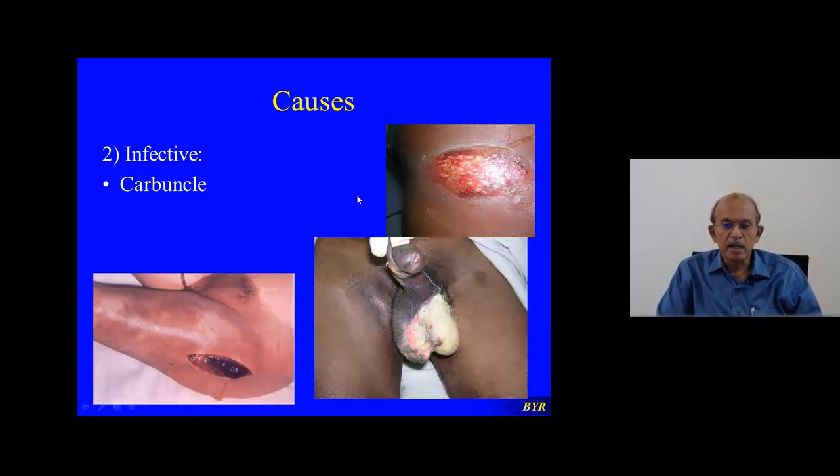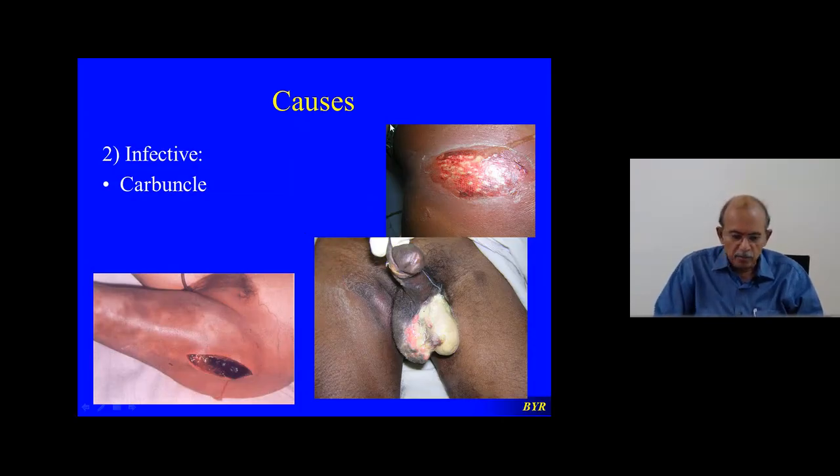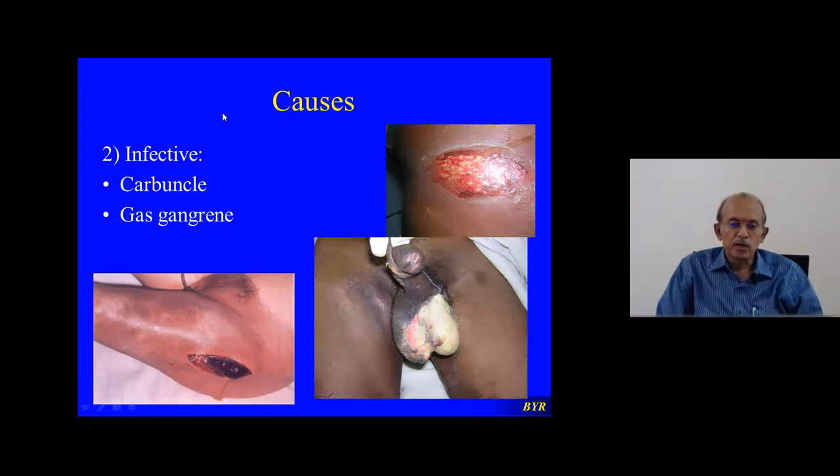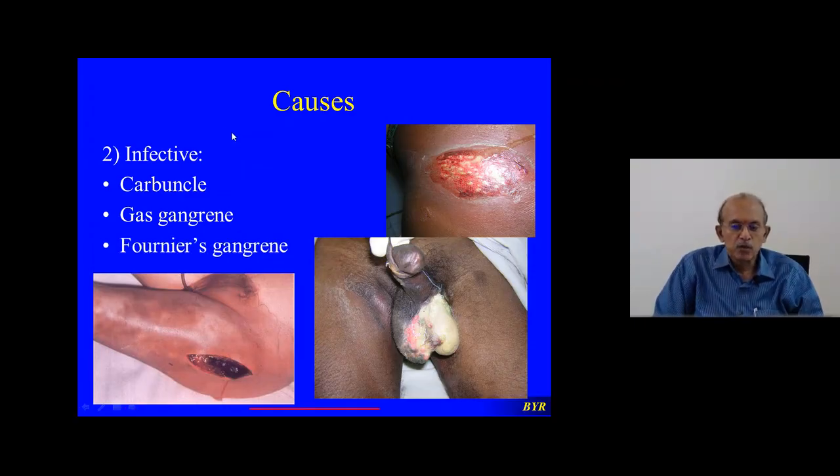It is spreading infective gangrene of skin and subcutaneous tissues. Then other infective causes are gas gangrene and Fournier's gangrene. What is Fournier's gangrene?